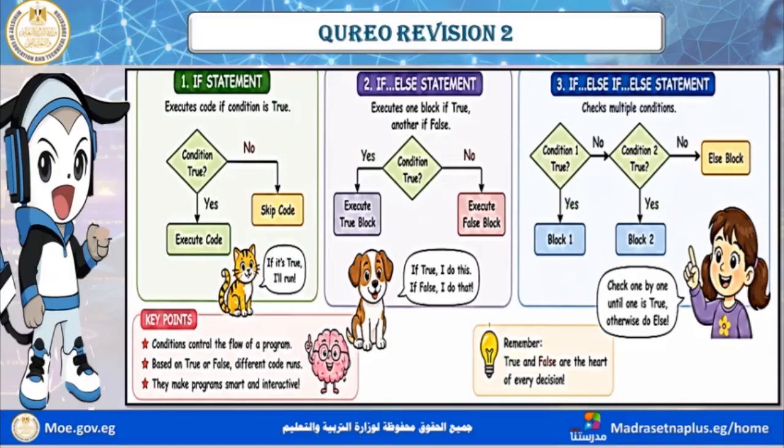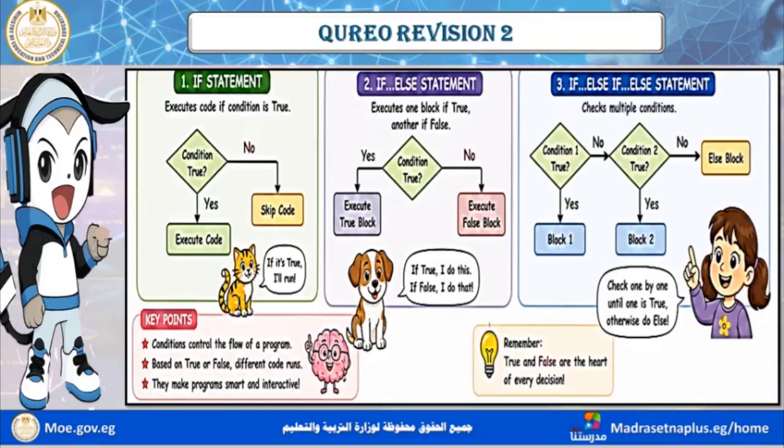Is your attendance greater than or equal to 75? Yes. If not yes here or not yes here, you have a third choice. Check 1, check 2, else. We check condition 1, it isn't met, we check condition 2, it isn't met, so we go to the last choice, the else block, and we don't write a third condition in it, we write the last possibility.